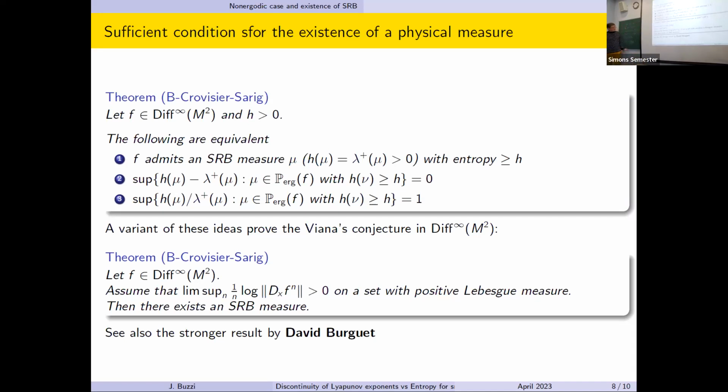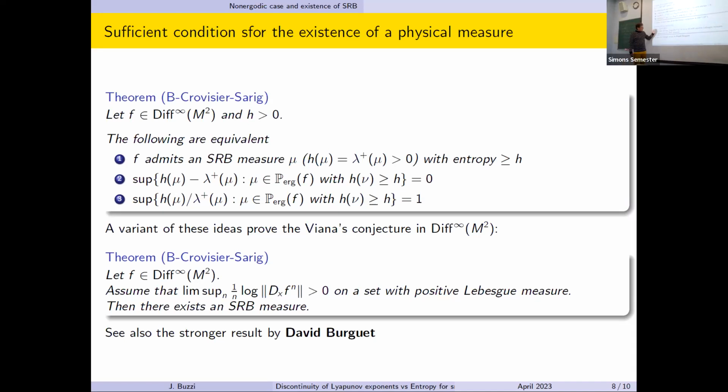It turned out, especially by discussing with David Burguet, that the same techniques we use can be used to prove Viana's conjecture in the case of infinitely smooth maps on closed surfaces.